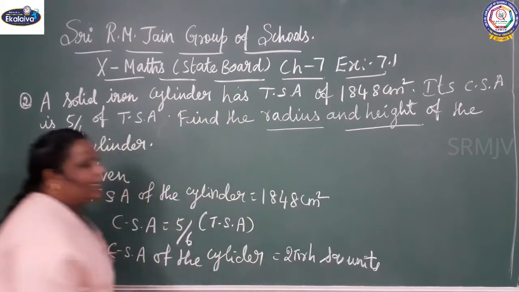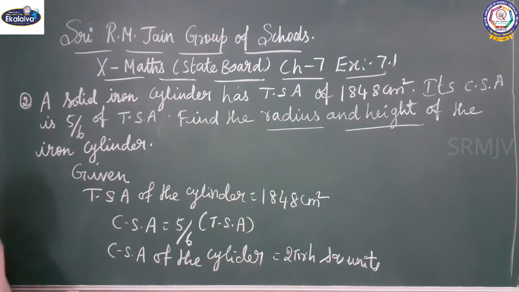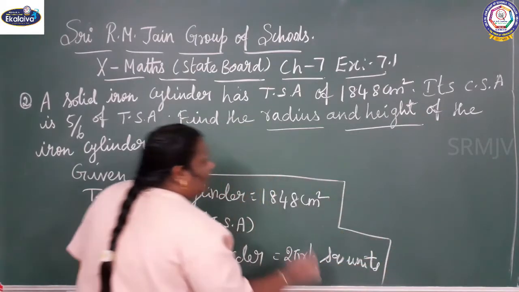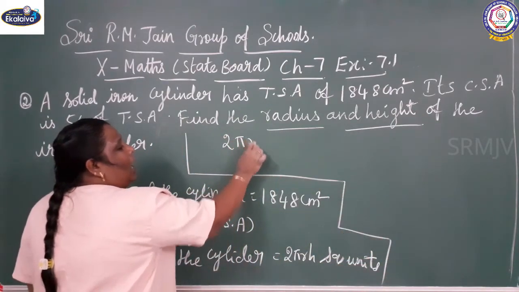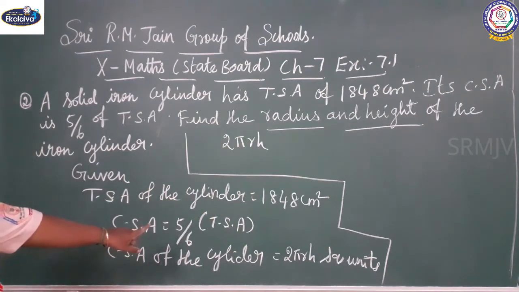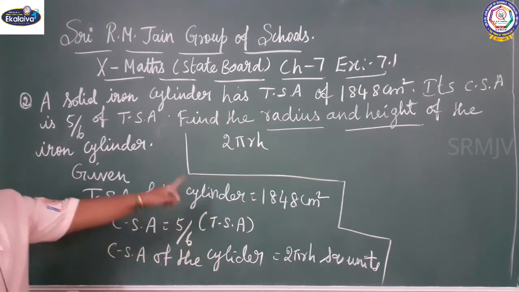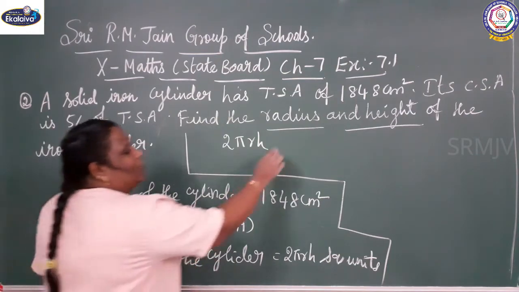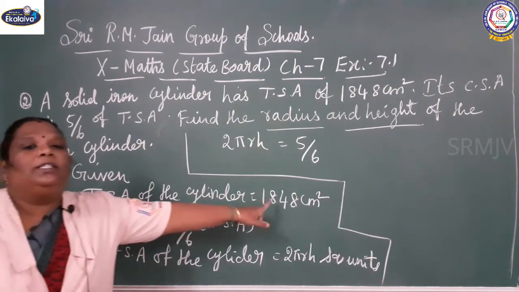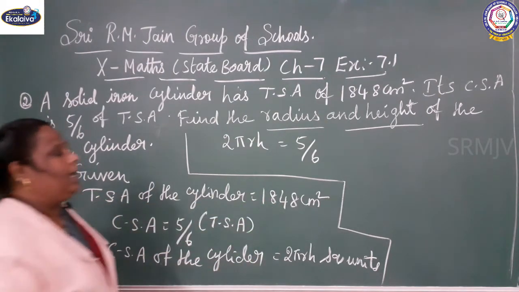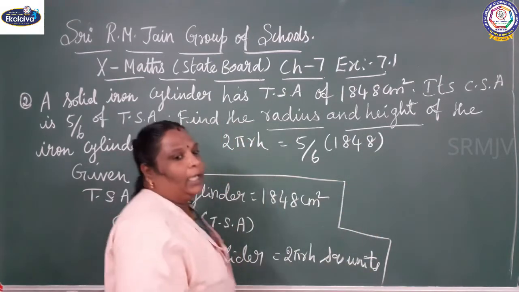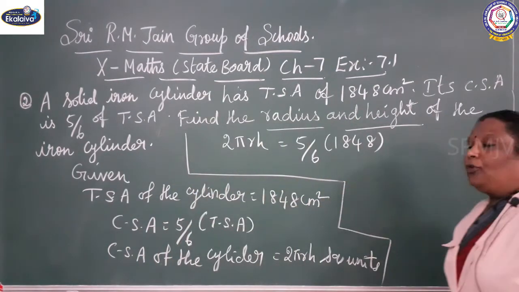Since curved surface area equal to 5 by 6 of the total surface area, 2 pi RH equal to 5 by 6 of the total surface area, which is 1848.